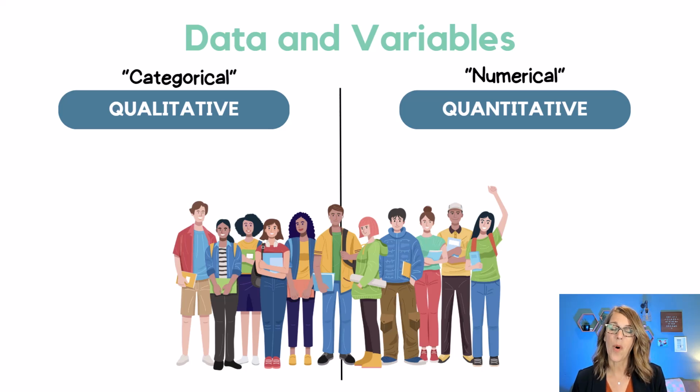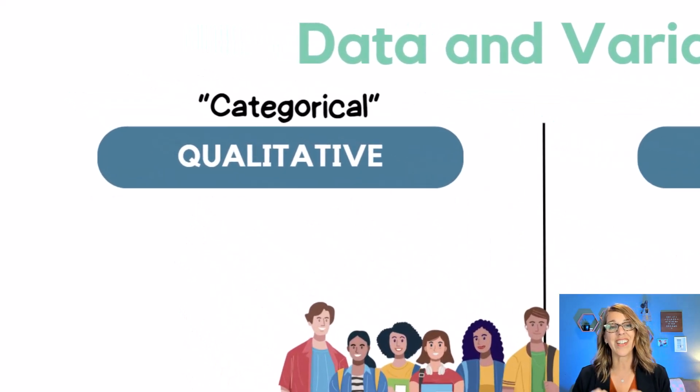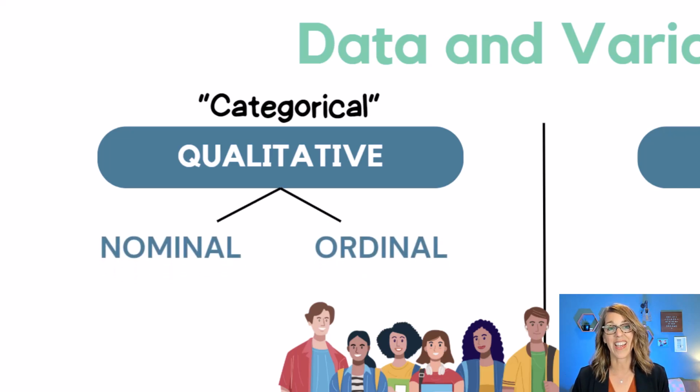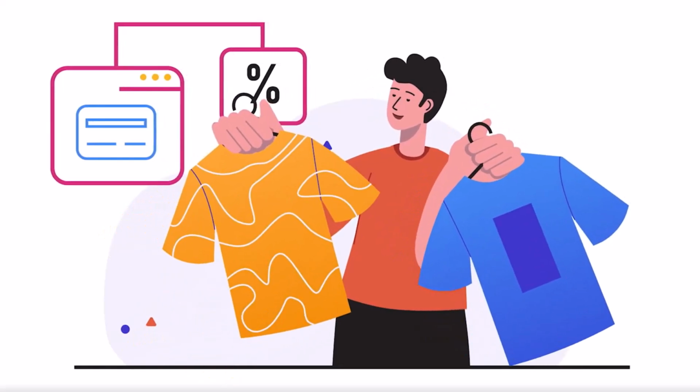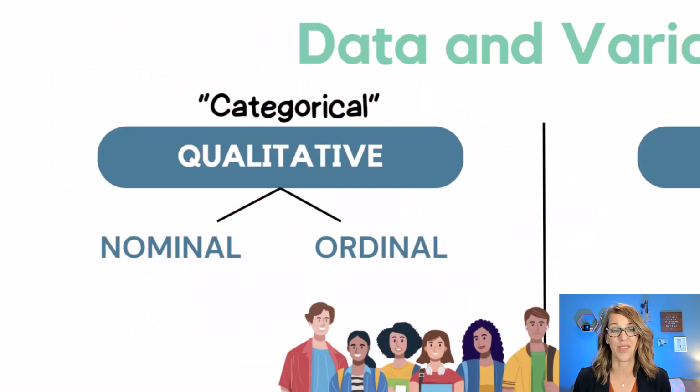Now, for the most part, our qualitative variables can be divided into 2 subcategories, and those are nominal and ordinal. Nominal is something that we're just identifying, but there's no ranking or order, and ordinal is something where there is a ranking. So for example, clothing size, small, medium, and large, those are definitely not numbers, but they definitely have an order to them.